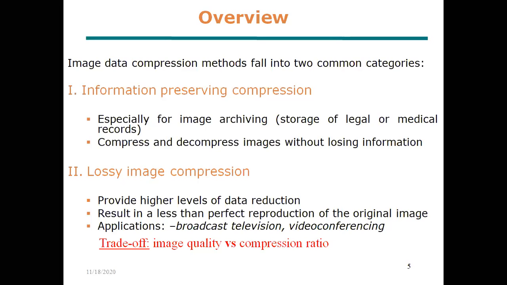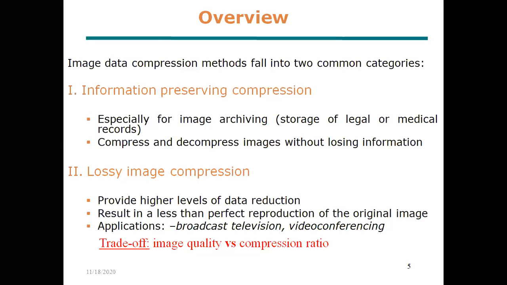The applications of lossy image compression are broadcast television and video conferencing. With this discussion, we came to know that there is a trade-off between image quality and image compression ratio. For example, if you need high image quality, automatically the compression ratio is very small.